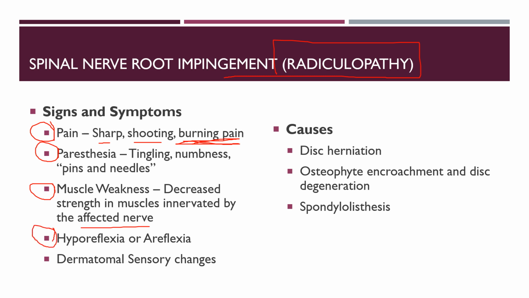Because we are thinking of this nerve root impingement, that would be what we consider a lower motor neuron issue or lesion. That's going to result in hyporeflexia or areflexia, so decreased reflexes or absence of reflexes.